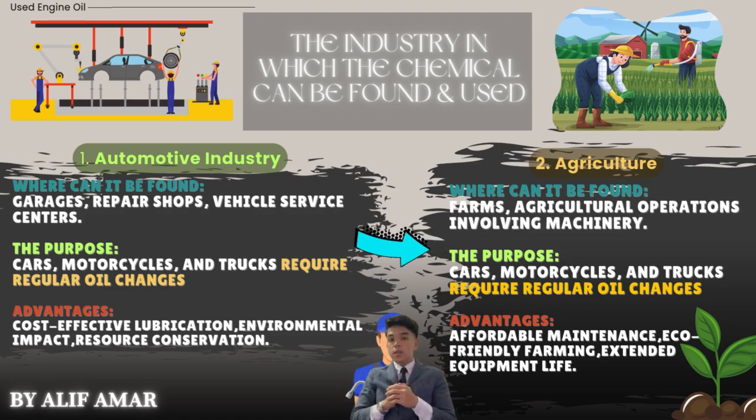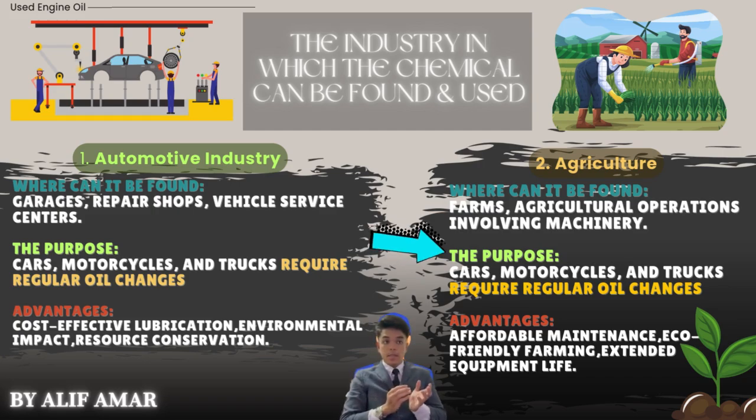Used engine oil is commonly found in places such as garages, repair shops and vehicle service centers, as vehicles like cars, motorcycles and trucks need regular oil changes to keep their engines running smoothly. It is because engine oil reduces the friction between moving parts, cools the engine, and also helps clean out harmful particles that may affect the engine negatively.